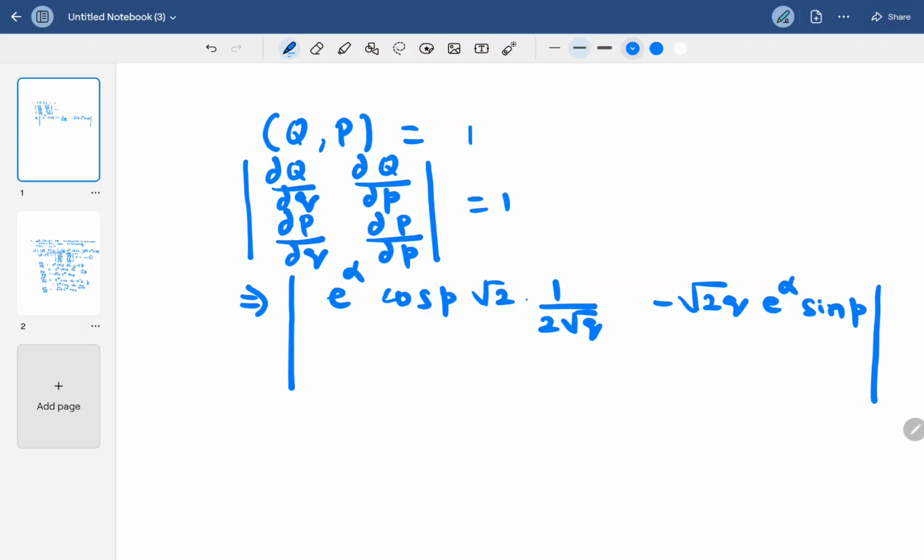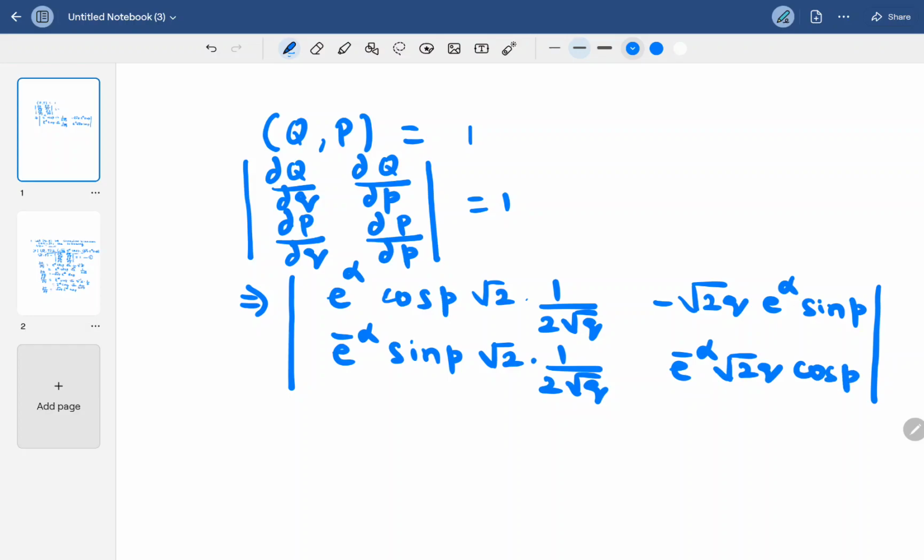Similarly for the second row, dou P by dou small q, the answer is e power minus alpha sin p root 2 into 1 by 2 root q. Dou P by dou small p is e power minus alpha root 2q cos p. If you show this determinant value is equivalent to 1, then the transformation A is canonical.